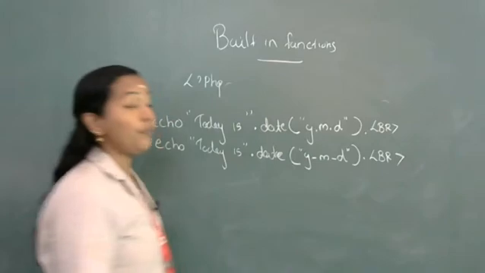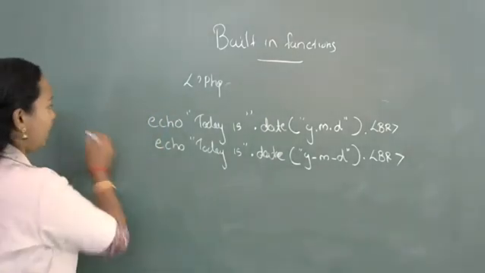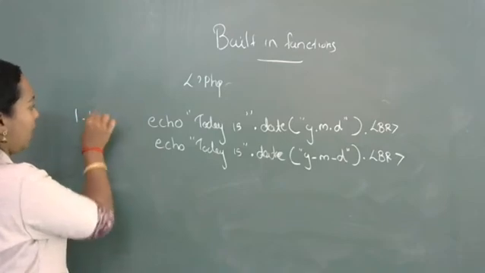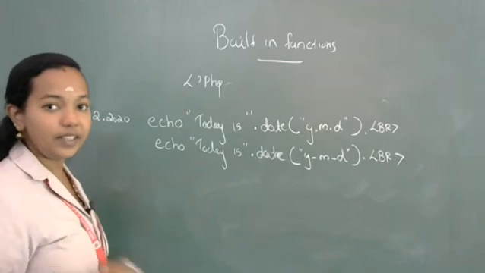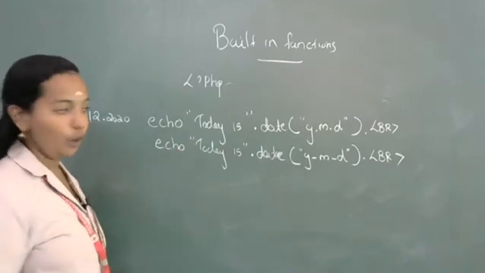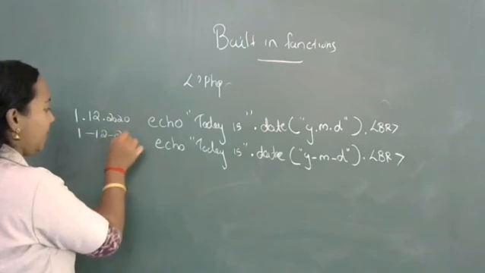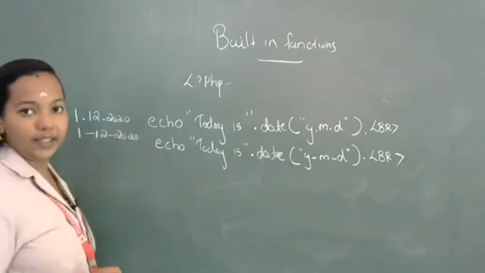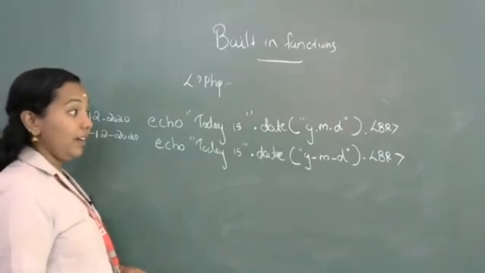So as a result of the first, today's date will come, 1.12.2020, the current date in the corresponding format. In the second one, 1-12-2020 will come.